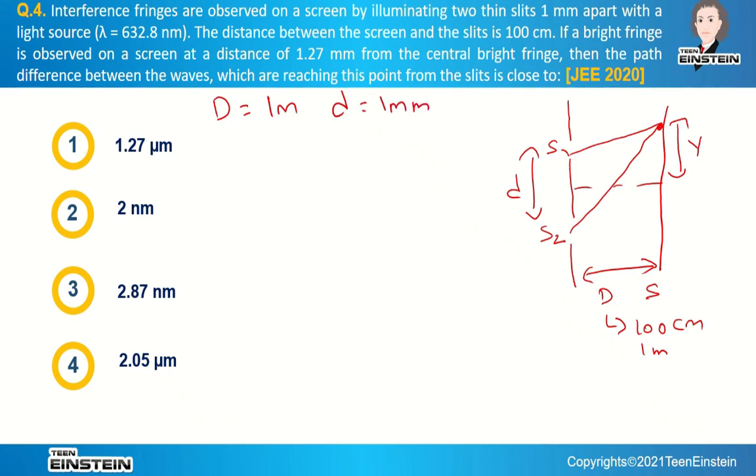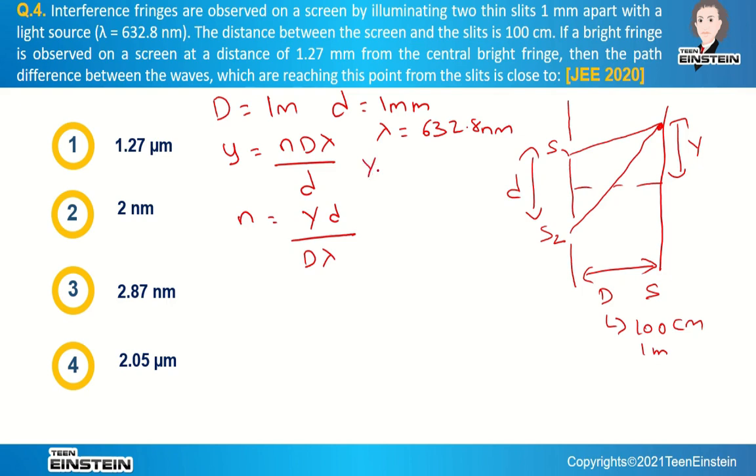Okay, so you know the formula, y is equal to n D lambda by d. So lambda also they have given, it is 632.8 nanometers. Okay, so n will become y d by D lambda. So you know the value of d, D and lambda, and you also know the value of y.